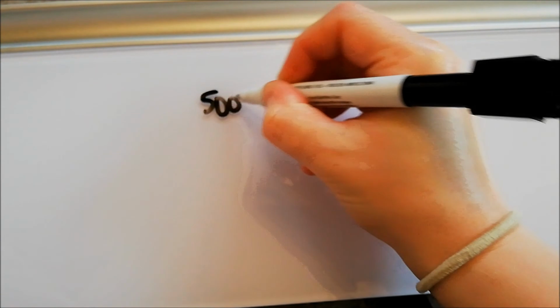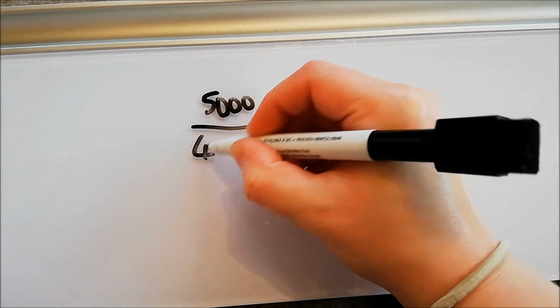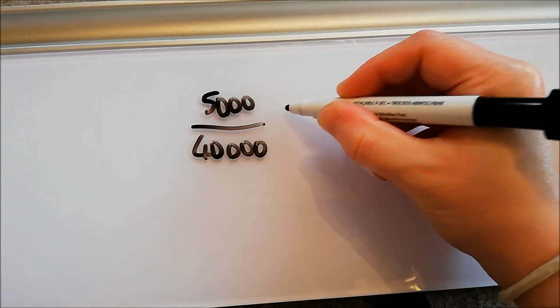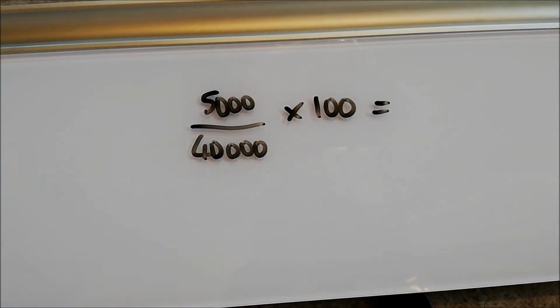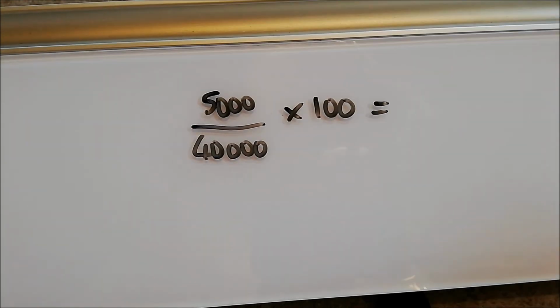So in the context of the question that we've just done, the business with the 40,000 and the 45,000, the actual change is 5,000. The original value is 40,000, and that is what would go into the calculator, either as a fraction or as a divide.